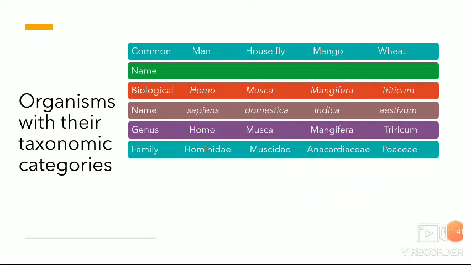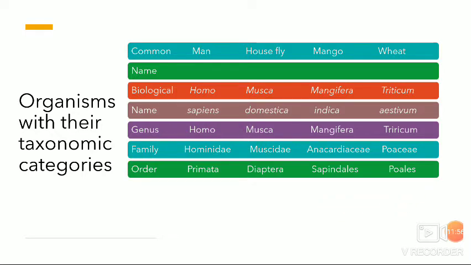Then we talk about family. The family of man is Hominidae, housefly Muscidae, mango Anacardiaceae, and wheat Poaceae. Then comes order. The order of man is Primata, housefly Diptera, mango Sapindales, and wheat Poales.